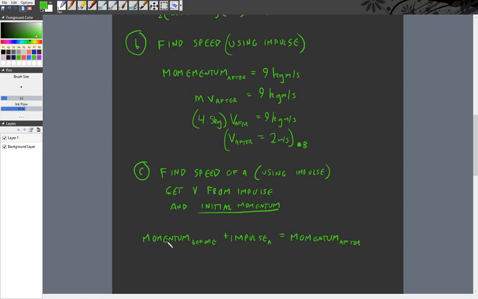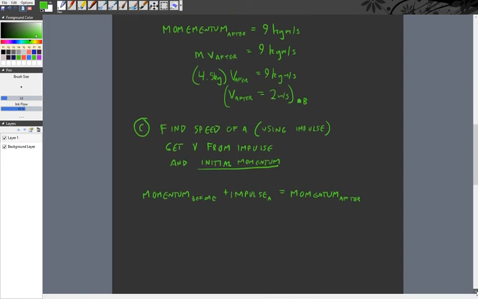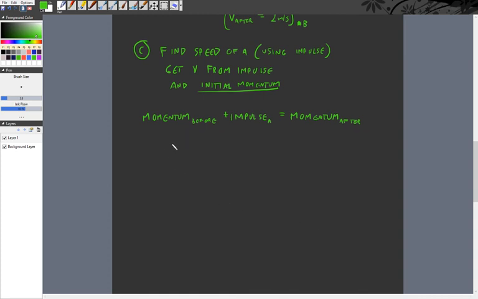Knowing everything we know about the relationship between momentum changes and impulse, this makes a lot of sense to me. All right, let's turn it into something more mathy. So m v before plus the impulse felt by A is equal to m v after for A.